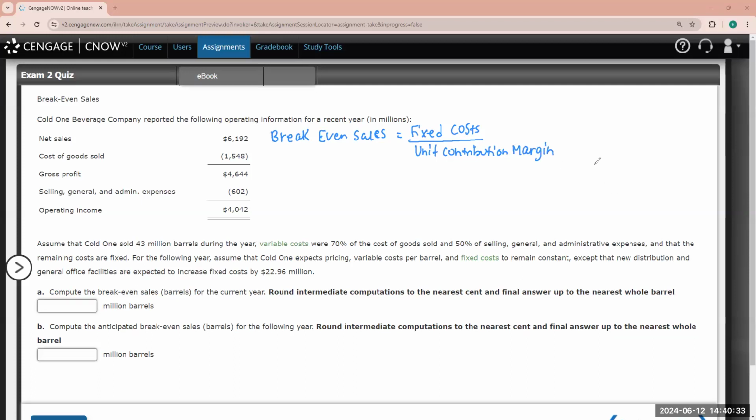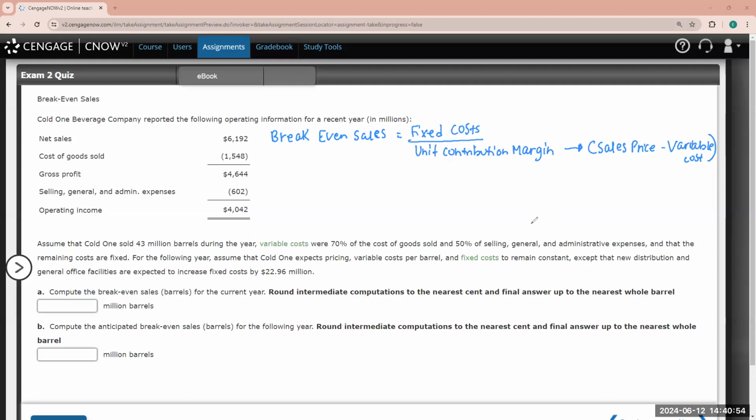All right. And one thing that we know is that our unit contribution margin, in order to determine what that is, it is our sales price minus the variable cost. So that is how we calculate the unit contribution margin.